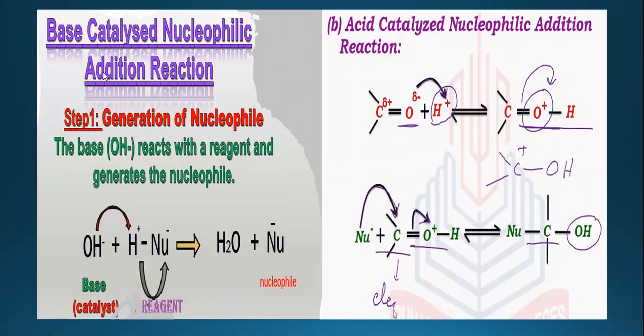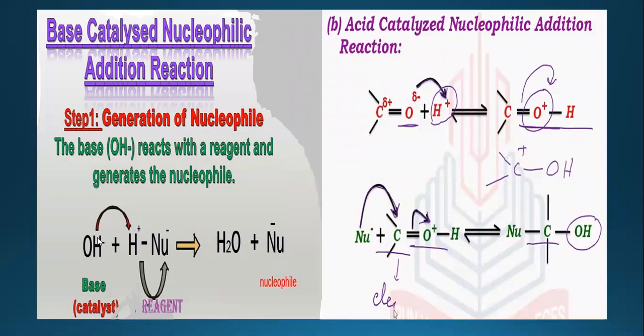In base catalyzed reactions, we use bases like potassium hydroxide or sodium hydroxide, and always remember that the function of a base is the abstraction of a proton from any reagent. The reagent which we use in the reaction, a nucleophile bonded to a hydrogen atom, can play its role as a reagent.